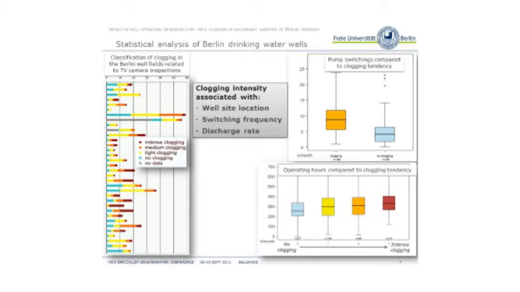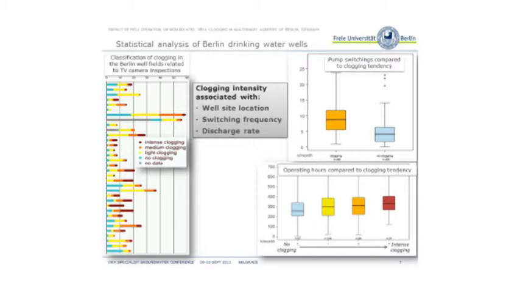If we take a look at the operational parameters, it is obvious that the clogging intensity correlates with high pump switching rates. If we switch the well often, we have more intense clogging of the well.